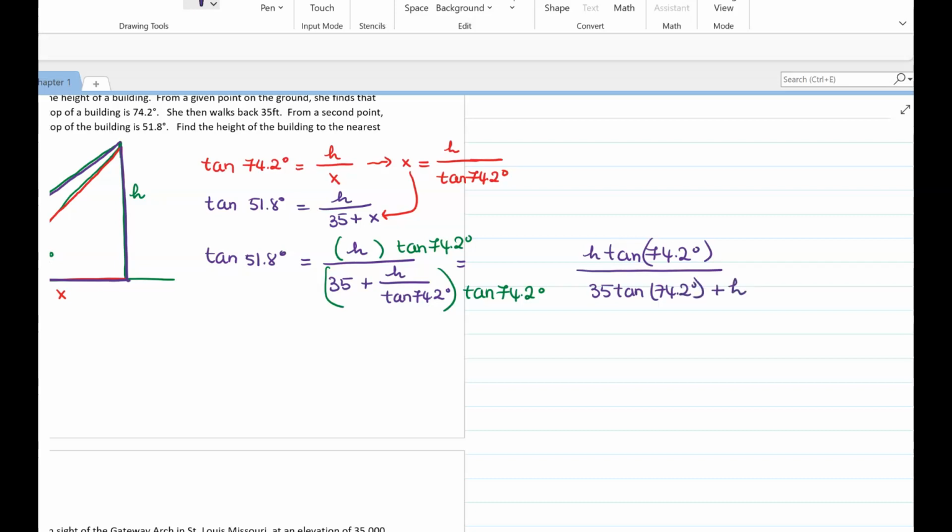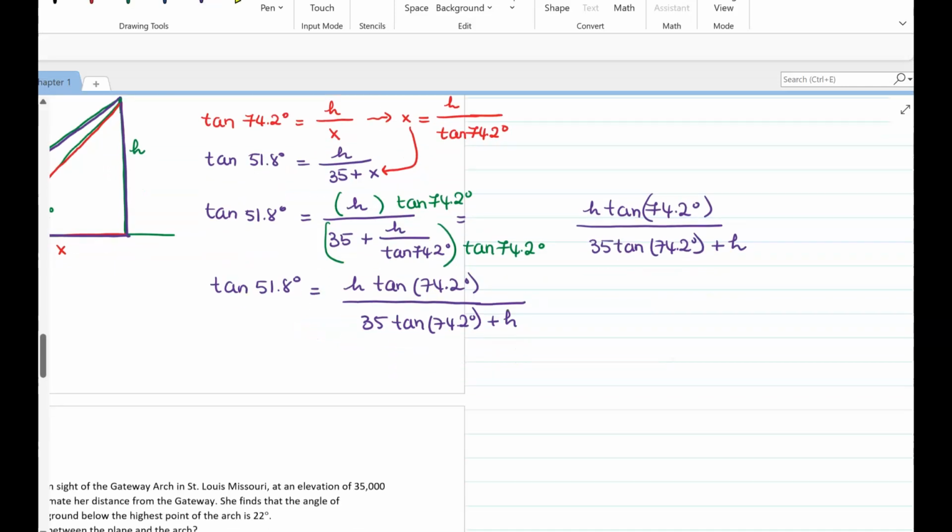So let's write this equation again together: tangent of 51.8 degrees equals h times tangent of 74.2 degrees divided by 35 tangent of 74.2 degrees plus h. My goal is to solve for h in this equation.